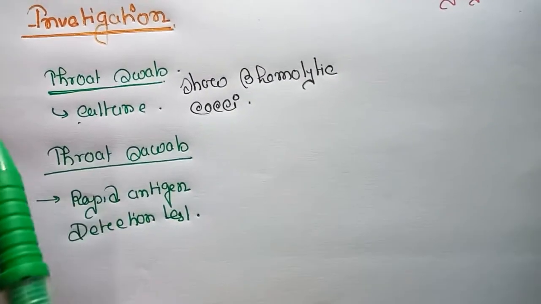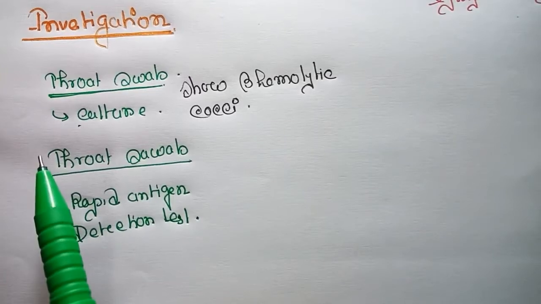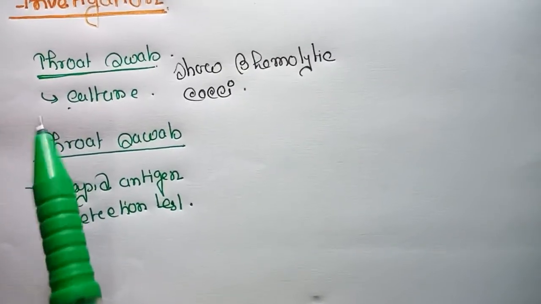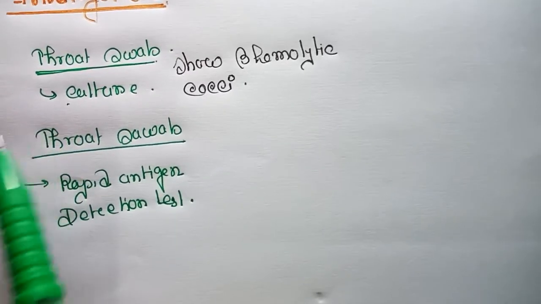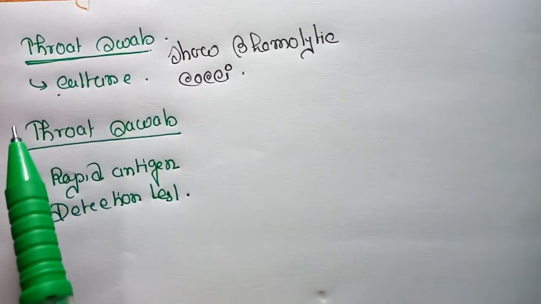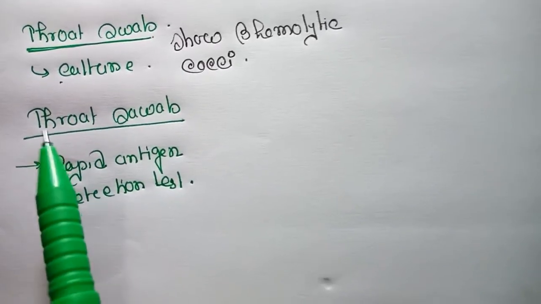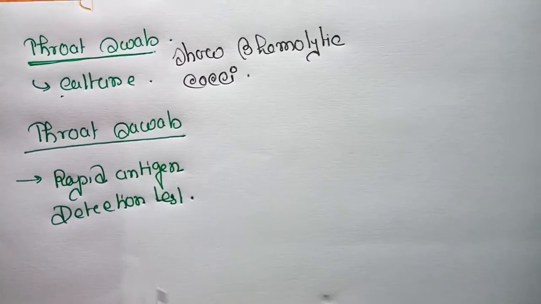A throat swab for rapid antigen detection test can also be used. In general, though, throat swabs are not very useful because remember, group A Streptococcus are commensal organisms in many people.